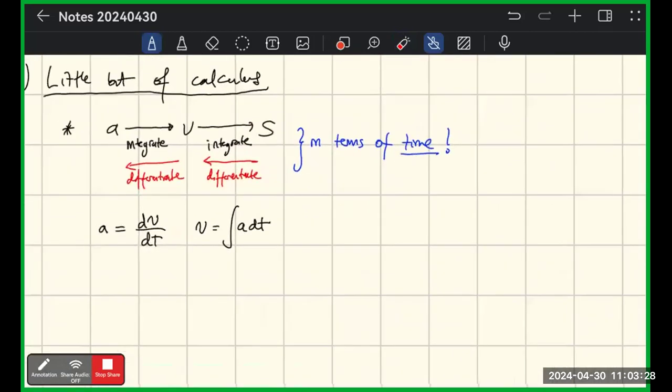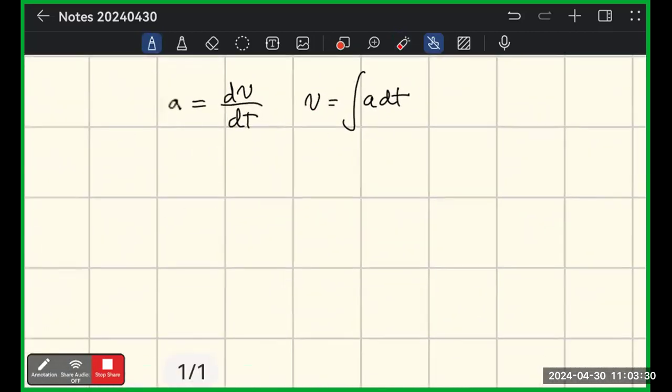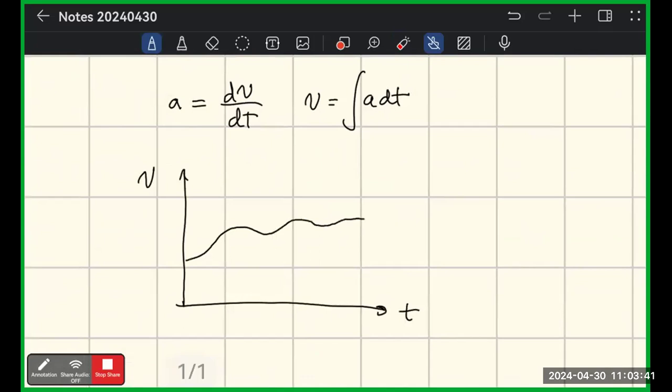But yeah, you also have to understand that if you have a graph, for example like this, this is v against time, and we have any kind of graph.